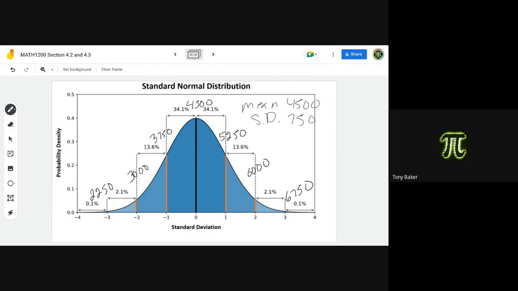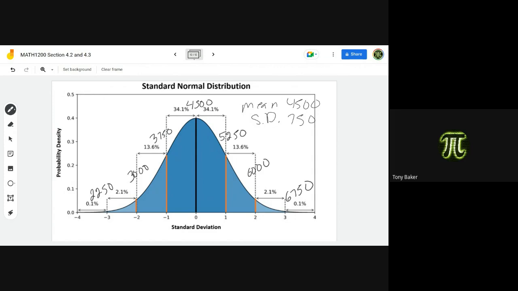Less than 6,000, not more than 6,000. So less than 6,000 will be going this way. So I would add up all of them. Or I could just add those two and subtract from 100.